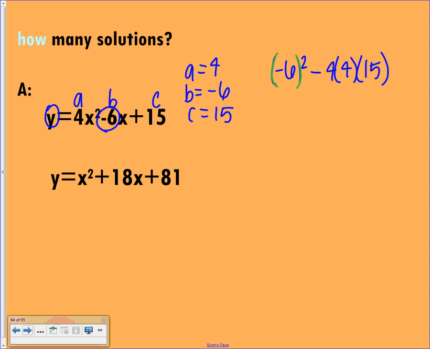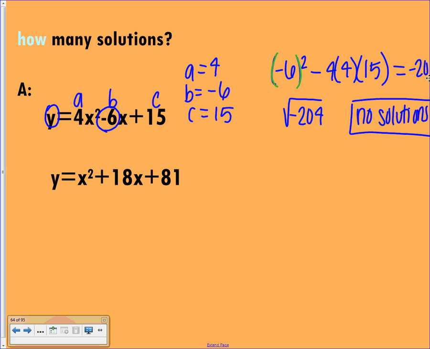When I figure out this whole thing, I should get -204. If you get a negative underneath the square root, can you really take the square root of a negative? Absolutely not. So how many solutions are there? There are no solutions. Any time you get a negative under the square root, you are going to say no solutions.